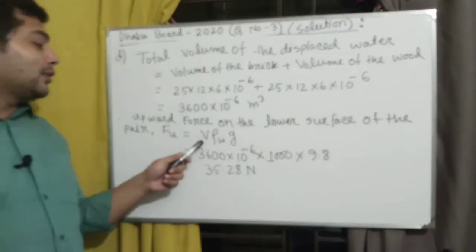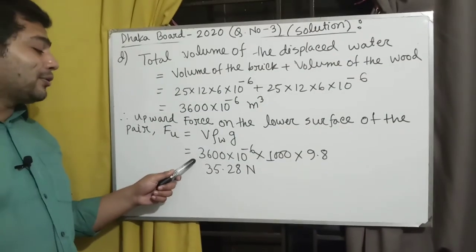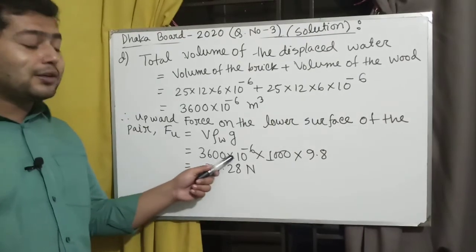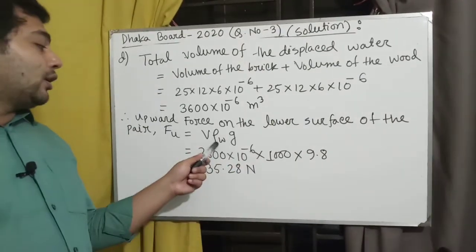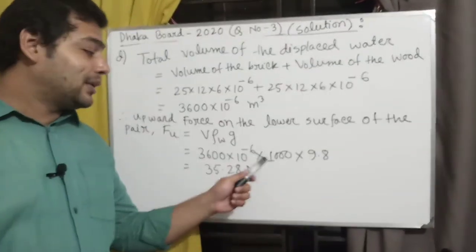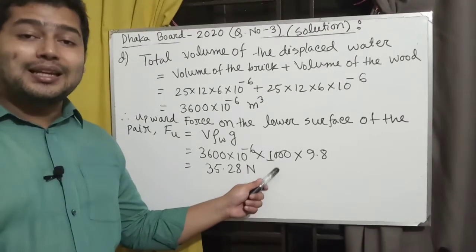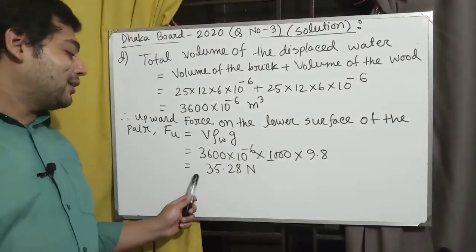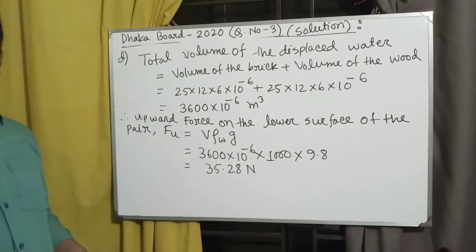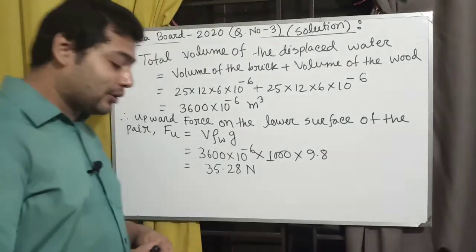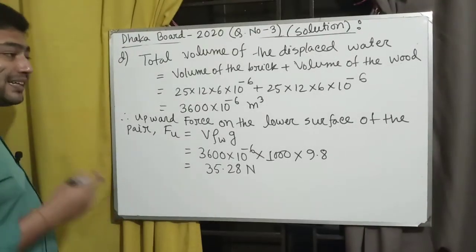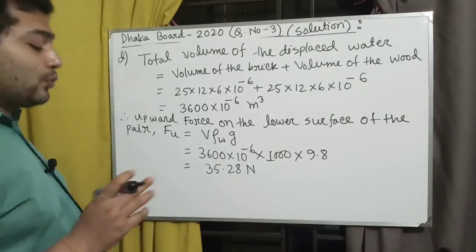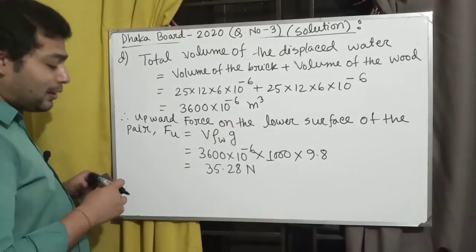The displaced volume of the water is 3600 into 10 to the power minus 6 into density of the water 1000 into 9.8. Calculating, we get 35.28 Newton.